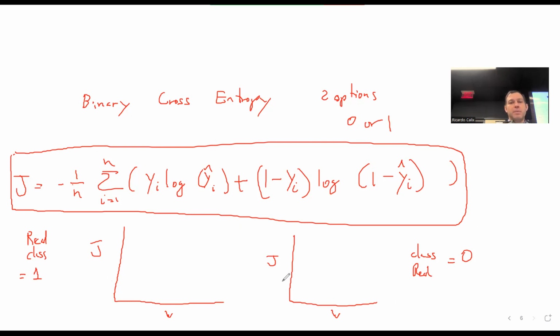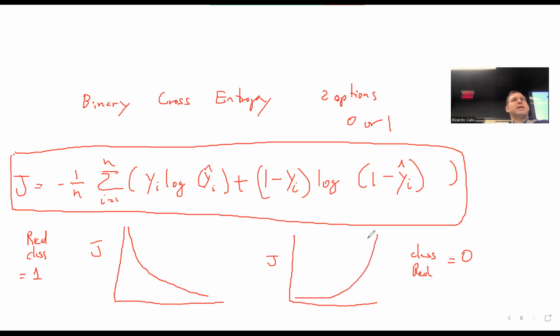The way you can think about it is that you have that, or you have that. I wrote these backwards, sorry. It's the other way around. So if it's 1, and if it's 0, like this.